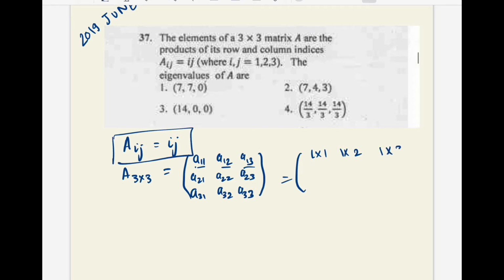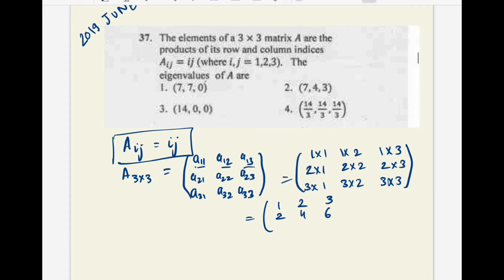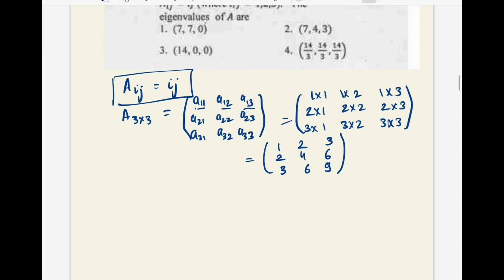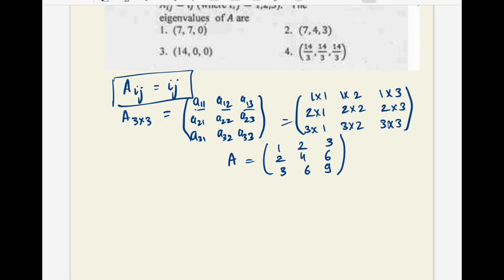So these will be the quantities in the matrix: 2 into 3, 3 into 1, 3 into 2, 3 into 3. That is 1, 2, 3, 2, 4, 6, 3, 6, 9. So this is the required matrix A.